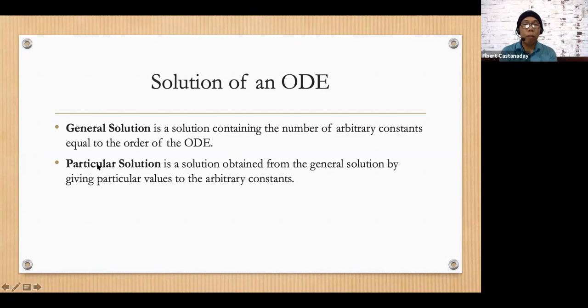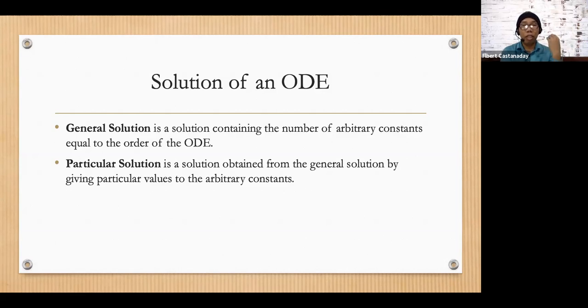Now, for the particular solution, this is a solution obtained from the general solution. So for you to be able to determine the particular solution, you must first have a general solution, because you'll be using the general solution to get the particular solution. How? You will have a condition or initial conditions.